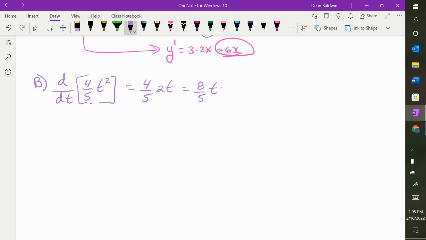Is that correct? Or you could write 8t/5 or whatever. I don't care. But that's it. 8/5t. Brutal. All right.